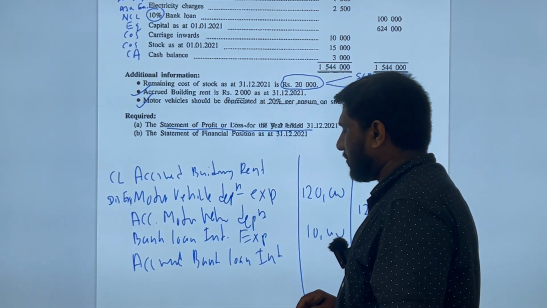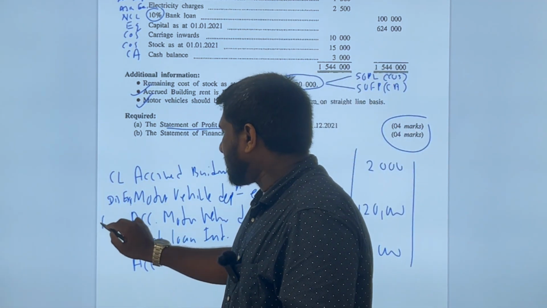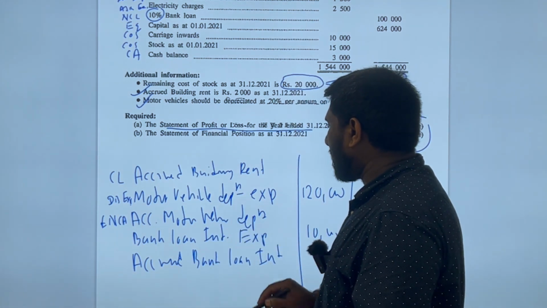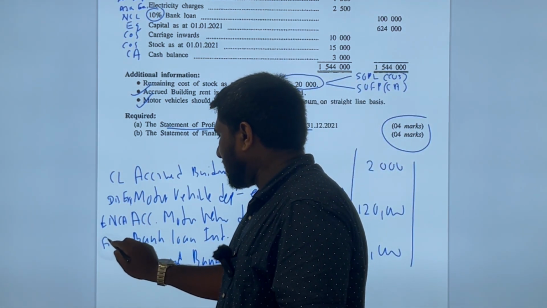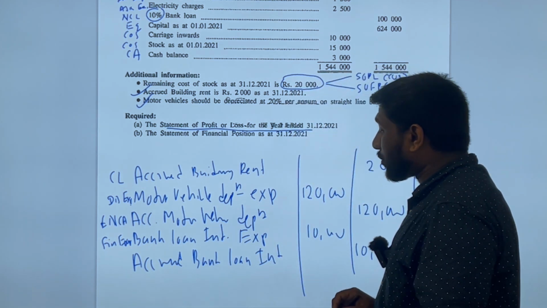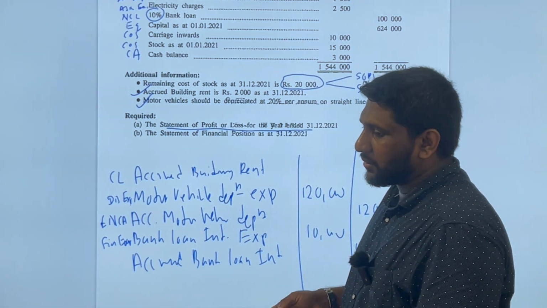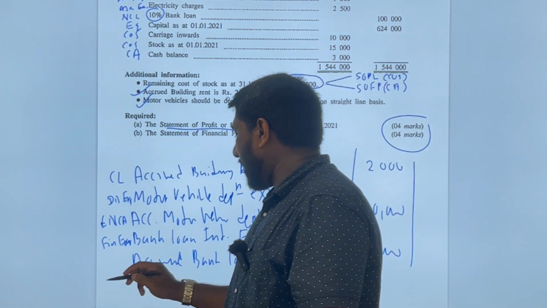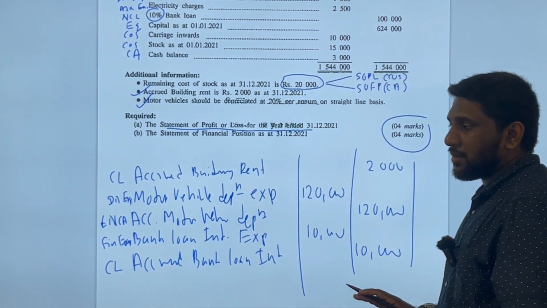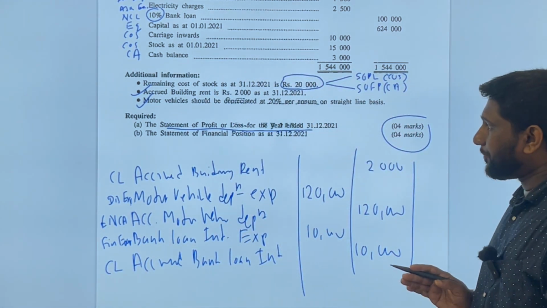Accumulated motor vehicle depreciation, it is a reduction of non-current assets. Then bank loan interest expense, this is a finance expense. Accrued bank loan interest, which is not yet paid, bank loan interest payable, it is a current liability.